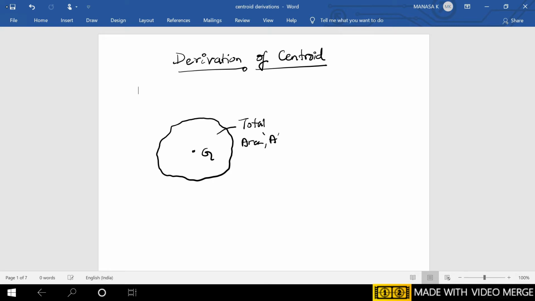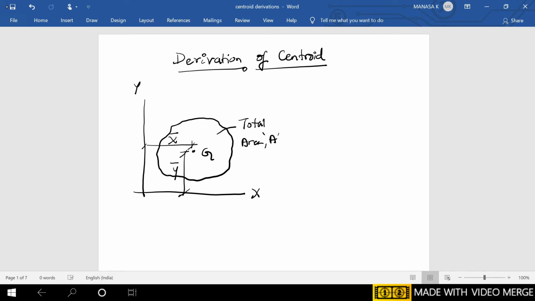Consider it as G. We don't know the position, but we will assume the centroid is somewhere here, which is taken as G. So this G is referred from the axis X and Y. If I have a reference axis X and Y, this G will be at a distance of X bar from the Y axis, and this G will be at a distance of Y bar from the X axis.